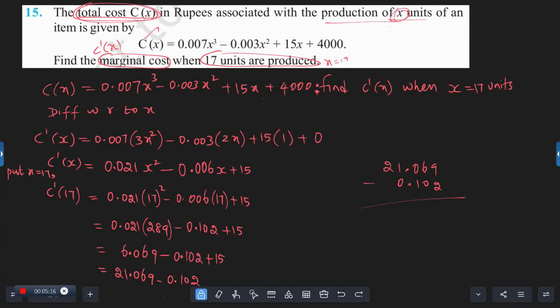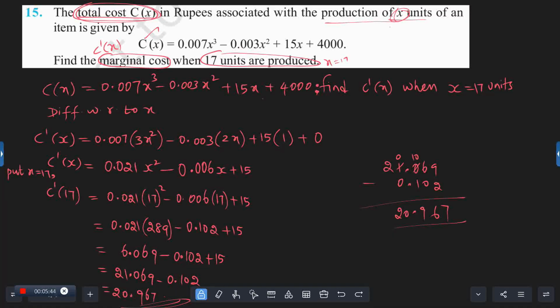So 9 minus 2 is 7, 6 minus 0 is 6, 0 minus 1 is not possible. So when you borrow, it will be 10. 10 minus 1 is 9, point, 20 minus 0 is 20. That's it. So our final answer will be 20.967. This is our required marginal cost when x equal to 17. Have you understood?